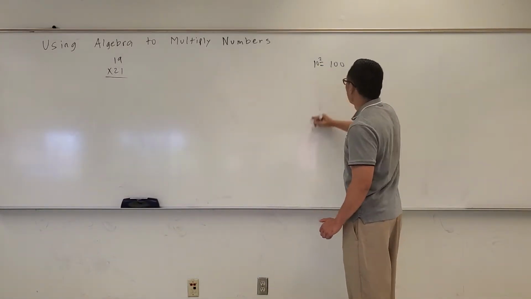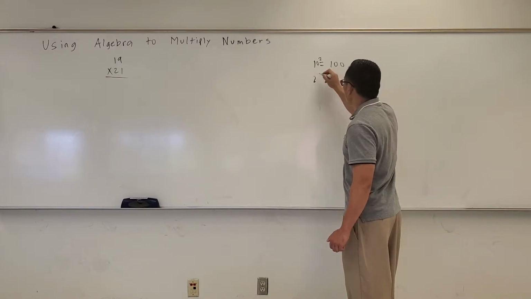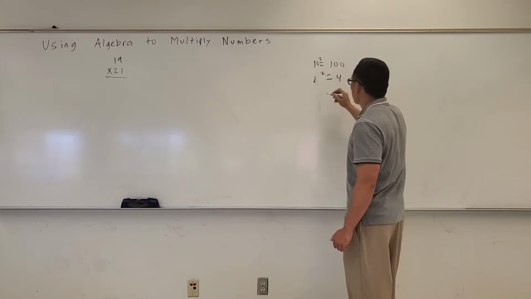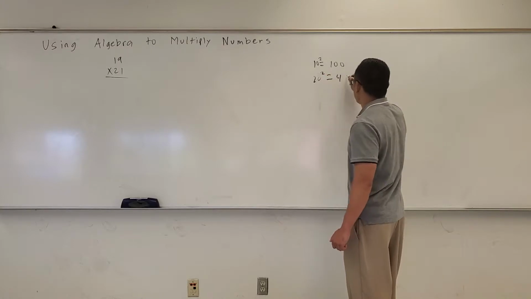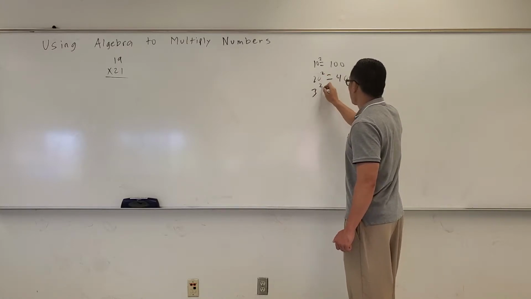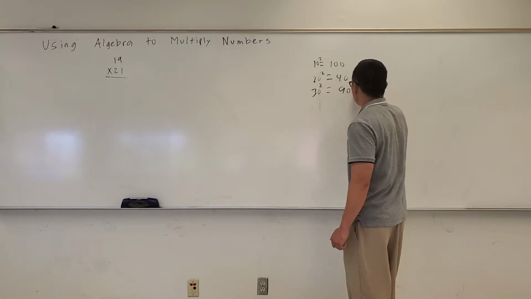I know that 2 squared is 4, but if I add a 0 to it, I'm going to add 2 zeros, that's 400. I know 3 squared is 9. If I add a 0 to it, since it's the second power, I'm going to add 2 zeros.